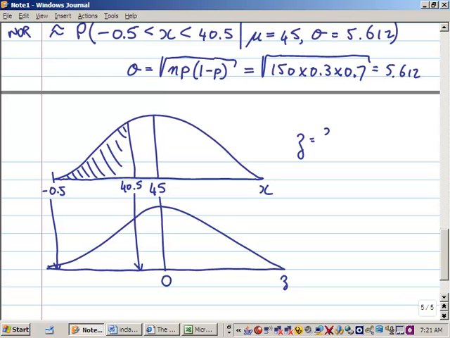So we'll use our old formula. Z is x minus mu on sigma. First limit: minus a half minus the mean of 45, divided by the standard deviation.